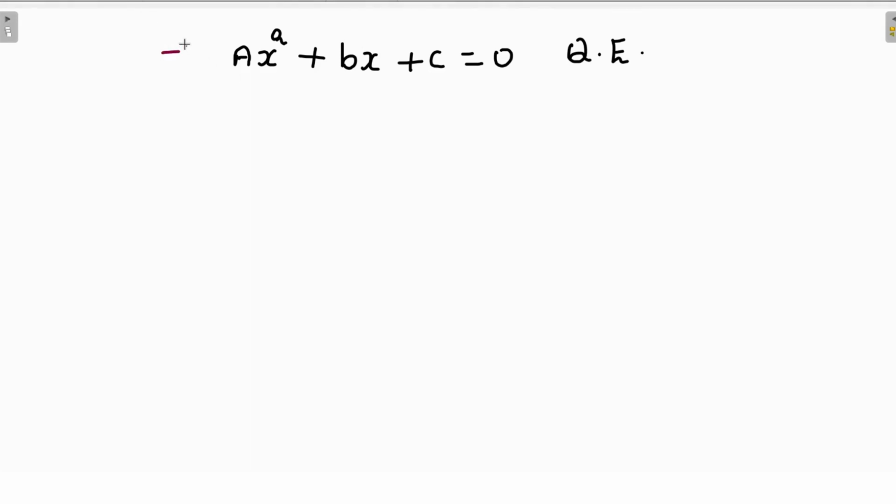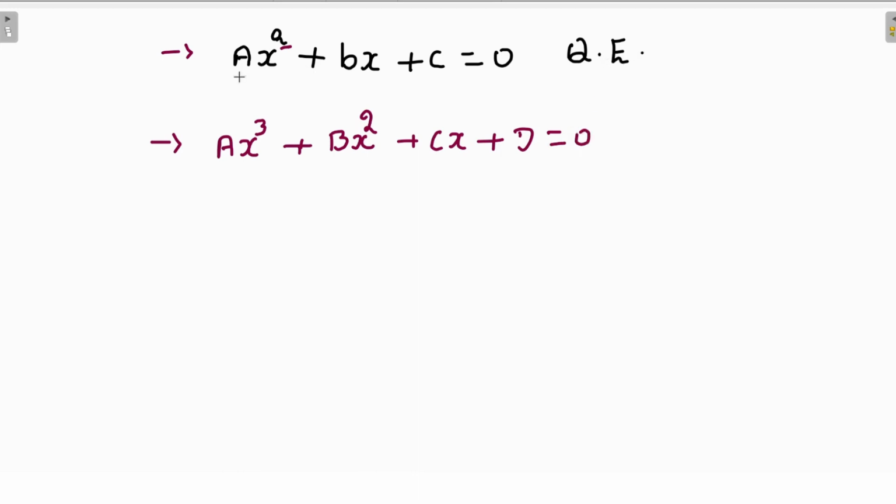Here the highest power will be square, then it decreases by 1 for each coefficient. In the same way, the general form of a cubic equation is ax cube plus bx square plus cx plus d is equal to 0.